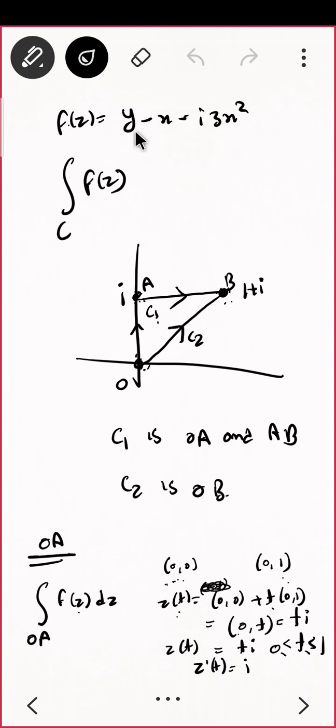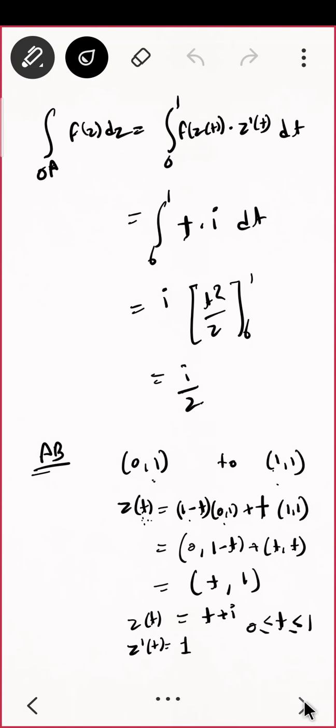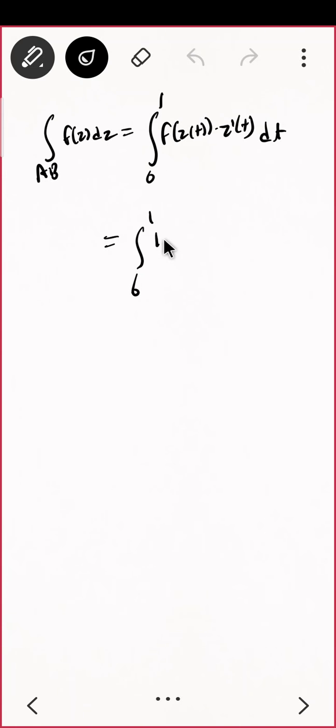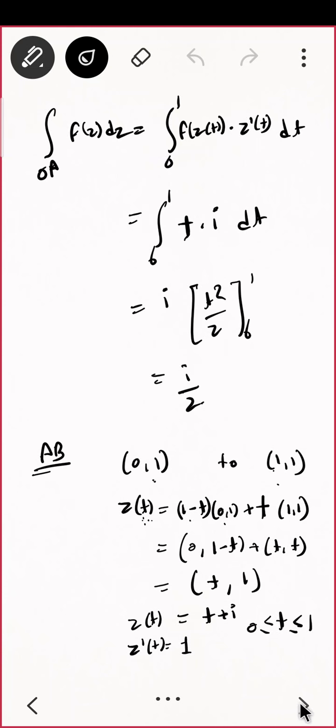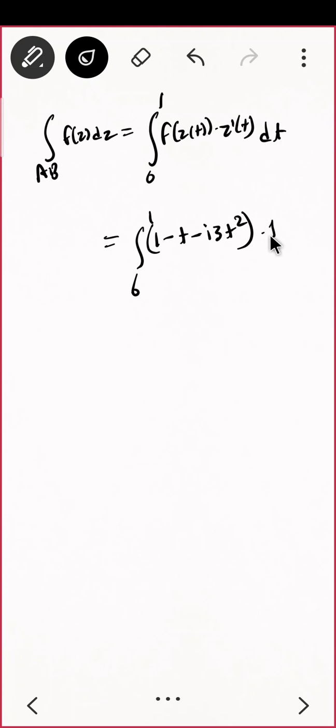So here we get 1 minus t minus 3i t square. This is my function, that is f of z of t into z dash of t. z dash of t is just 1, so that is not an issue. Multiply by 1 dt. You just need to solve this integration.